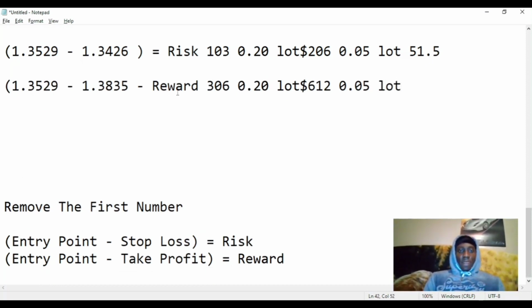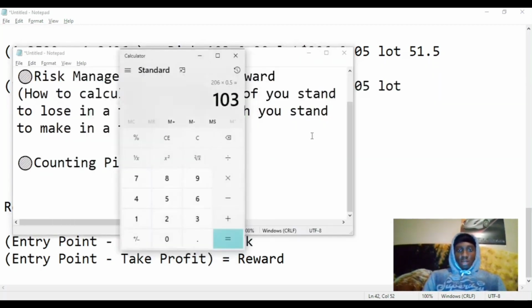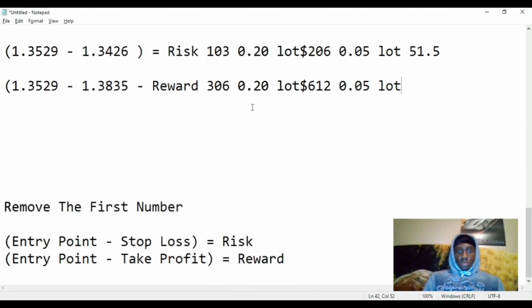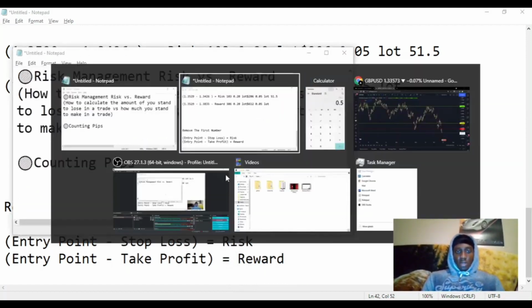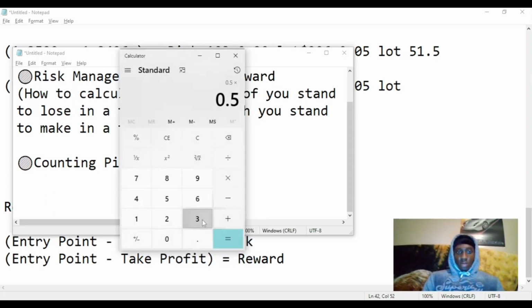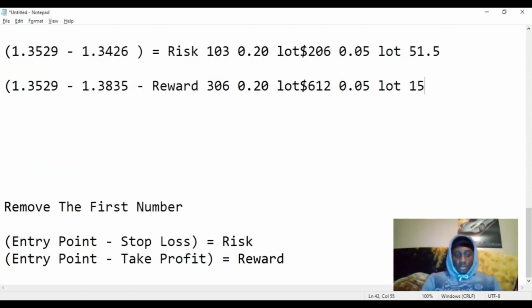So you want to do 0.50 times the reward, which is 306. Your answer is 153. So how much you would be making if you used a 0.05 lot size.